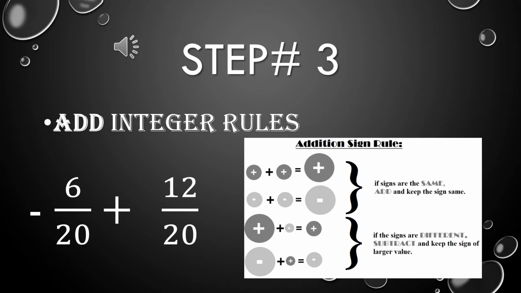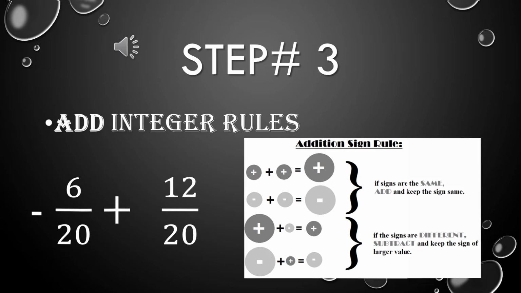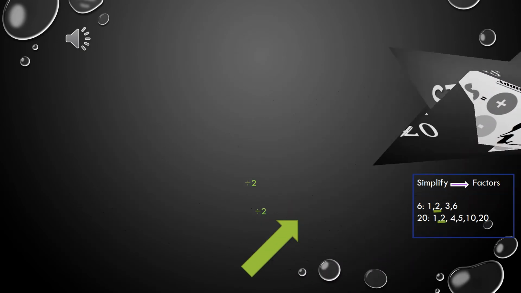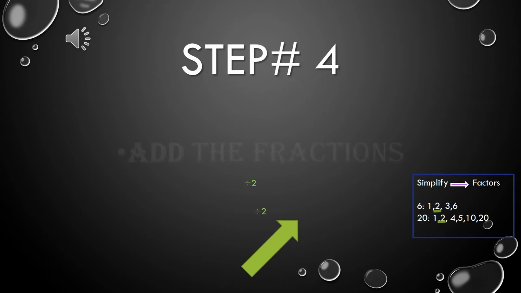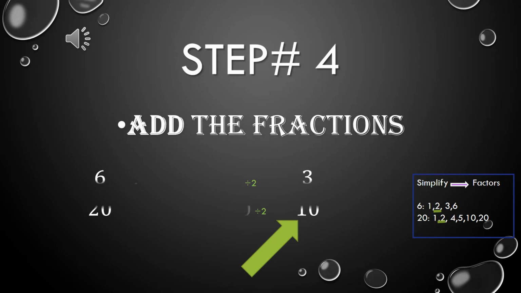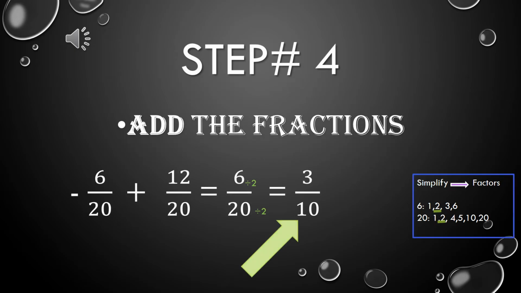And the rule says that if you have a negative and a positive, you need to subtract and keep the sign of the biggest value or the biggest number. Well, in this example, you have opposite signs, so you need to subtract. 12 minus 6 is 6, and the denominator stays the same.